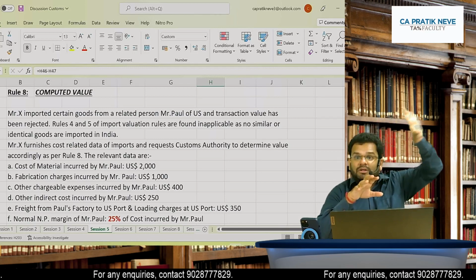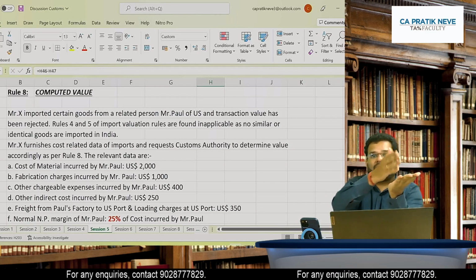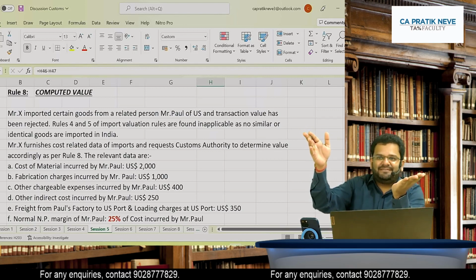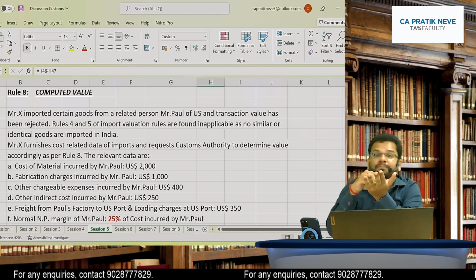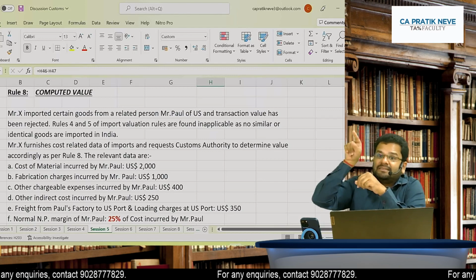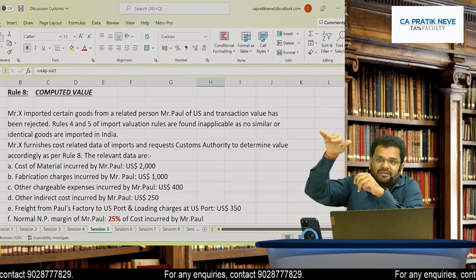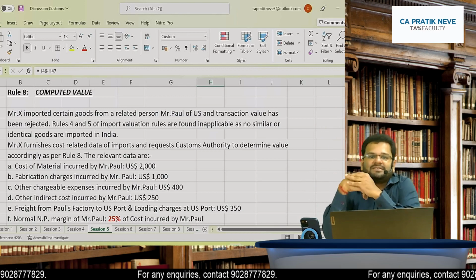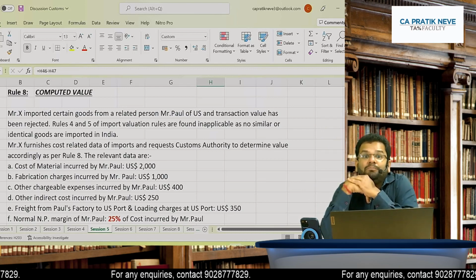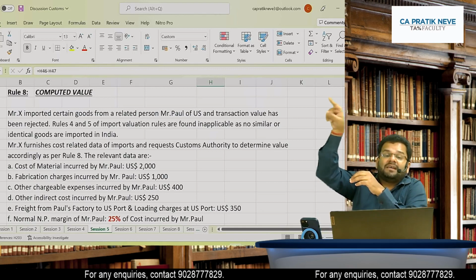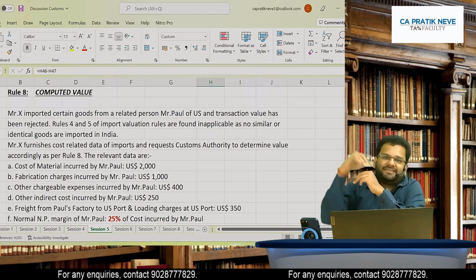From the importer's selling price, we were subtracting the value additions. In computed value, to the seller's cost, we add his profit margins and we compute what would have been the seller's ideal selling price.